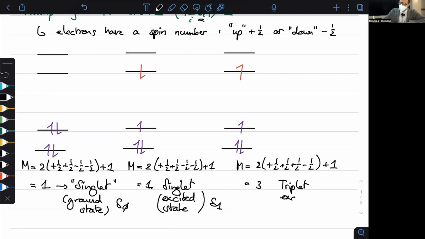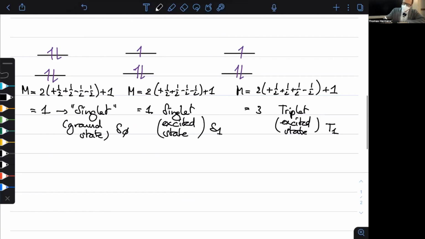Excited state, right? So this could be, the lowest one would be T1. Okay. So most molecules have a singlet ground state.